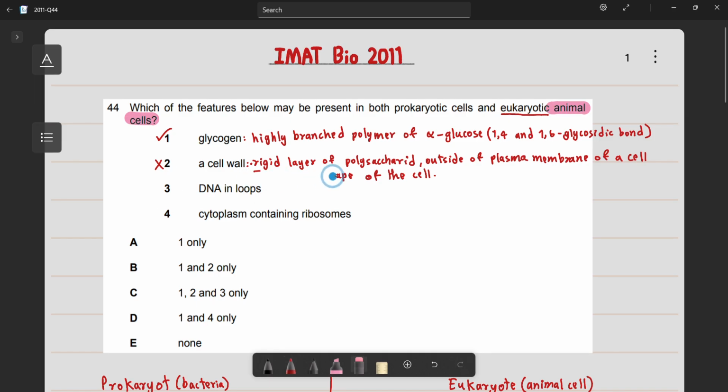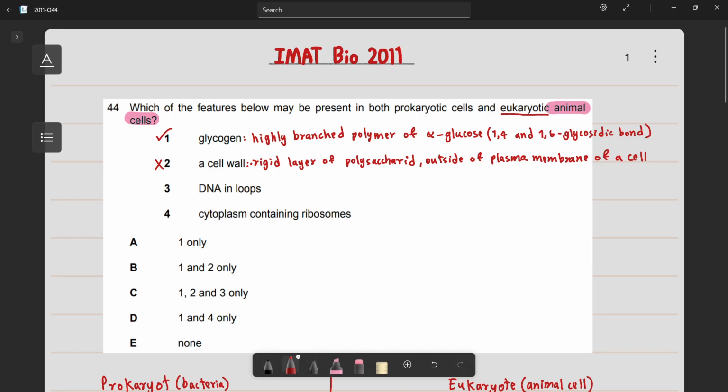Now moving forward to the DNA in loops. This question is quite confusing because DNA loops can exist in many forms. It could be a plasmid, it could be circular DNA, it could be anything. But we must use our logic here.